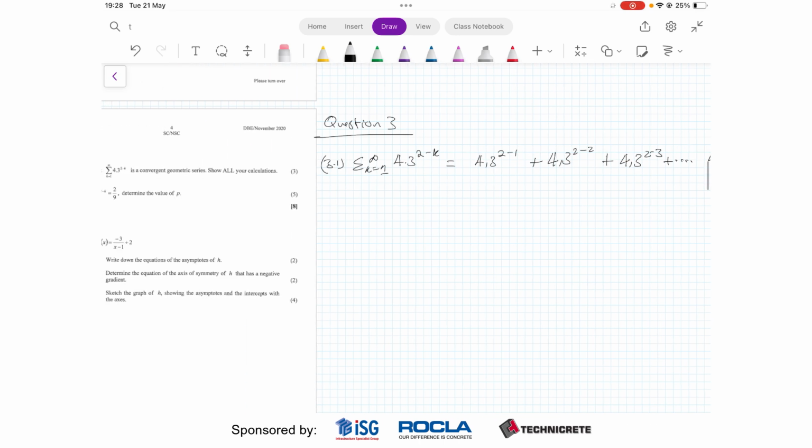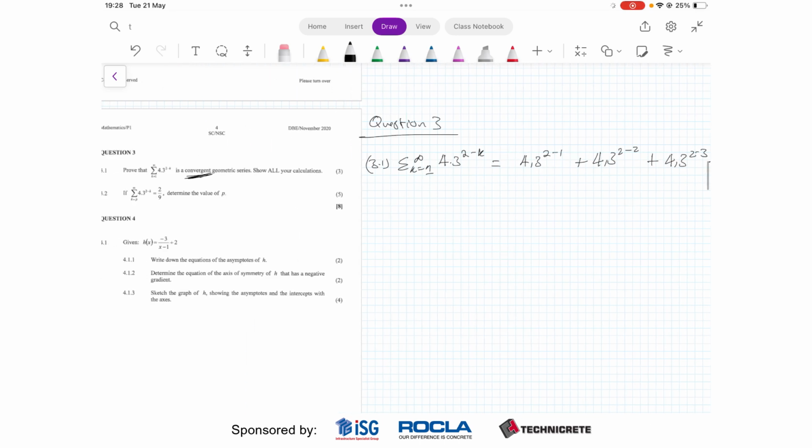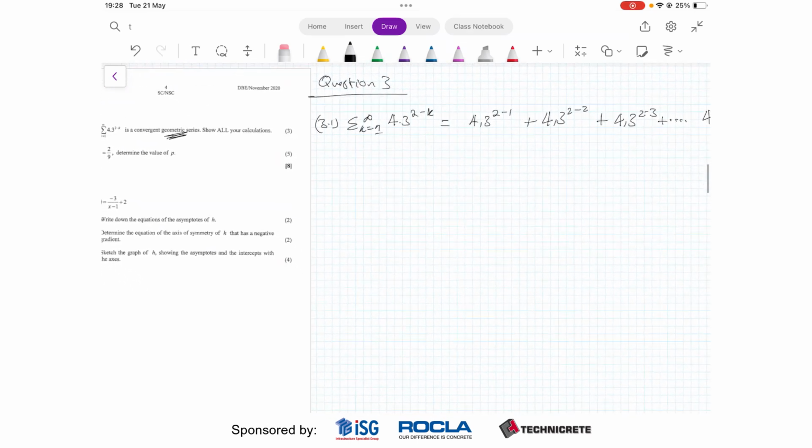Because we are told that this is a geometric series, what we need to do is write out what these are. The first one will be 12, the second term will be 4, the third term will be 4 over 3, plus all of that.